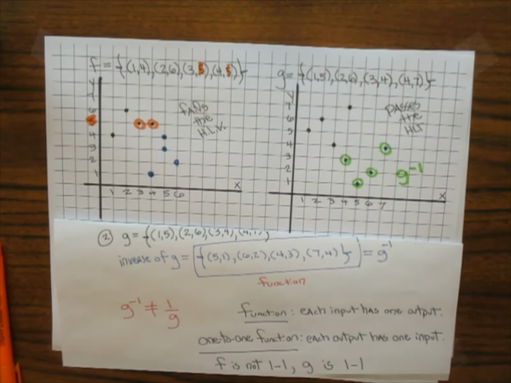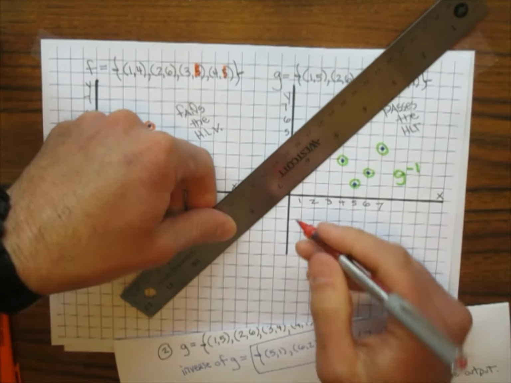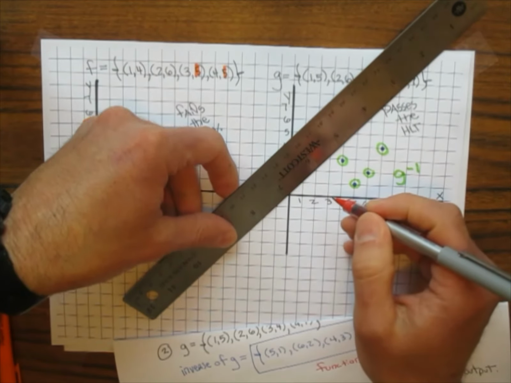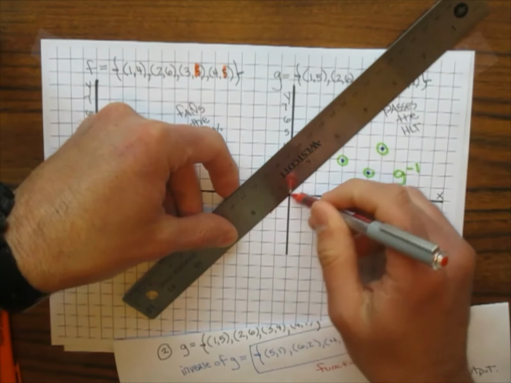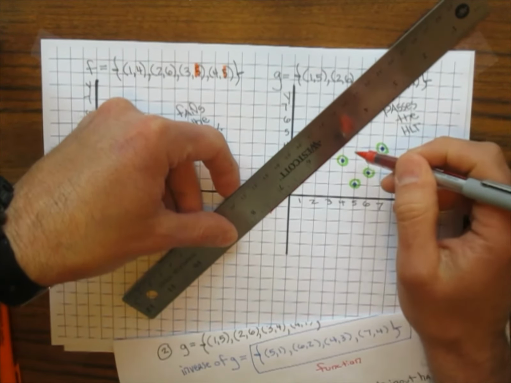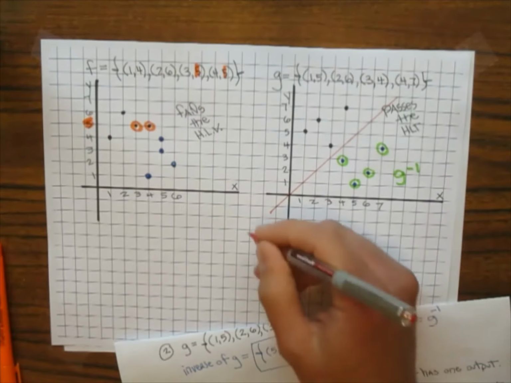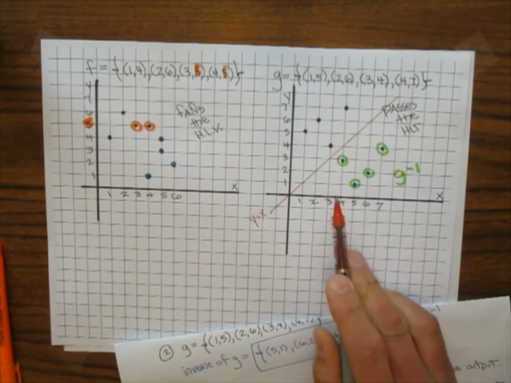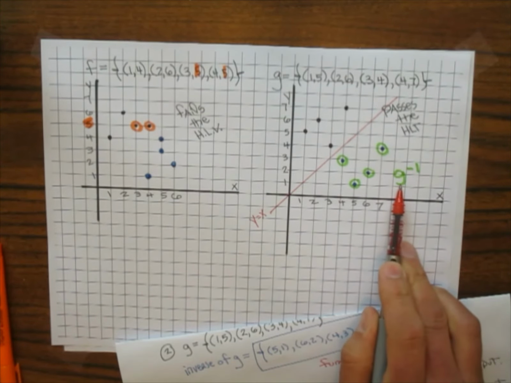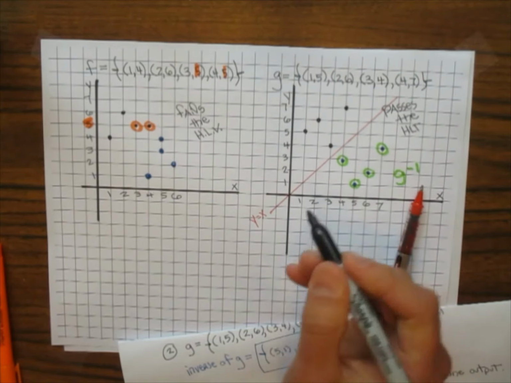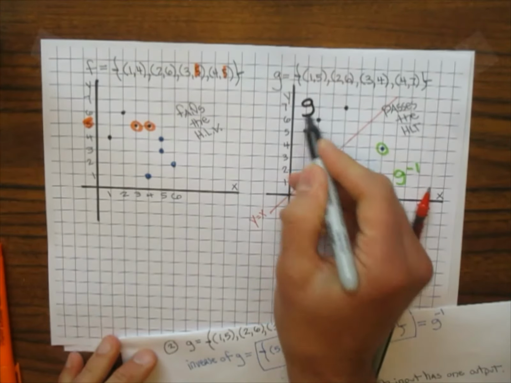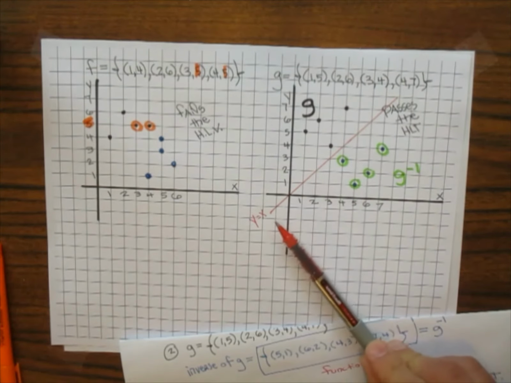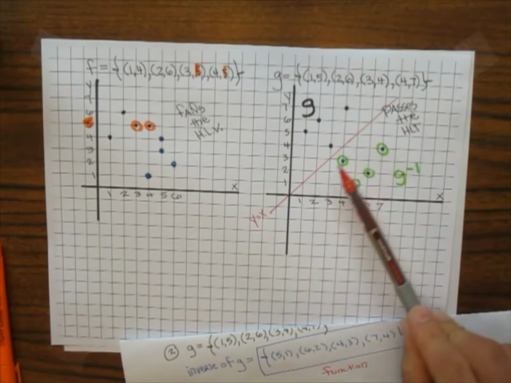But look what we see here. When you graph a graph in its inverse, I'm going to go draw the line if I can draw it here. Y equals x. And you see that the inverse, here's your original graph right here, G. The inverse is a reflection through that line, y equals x.